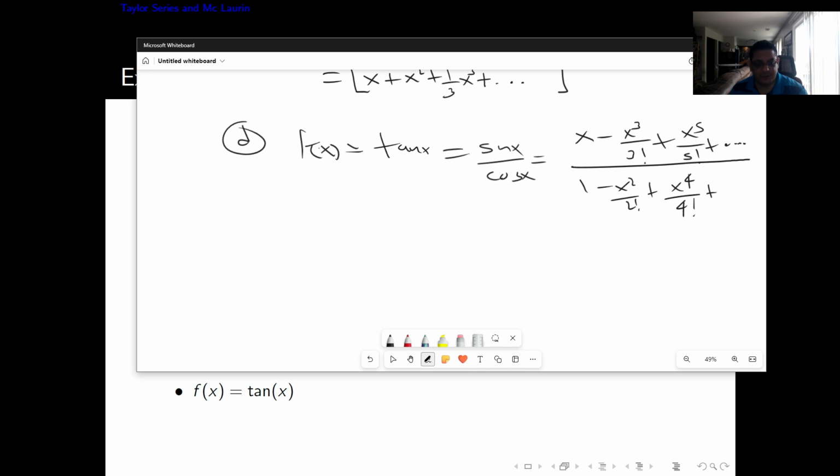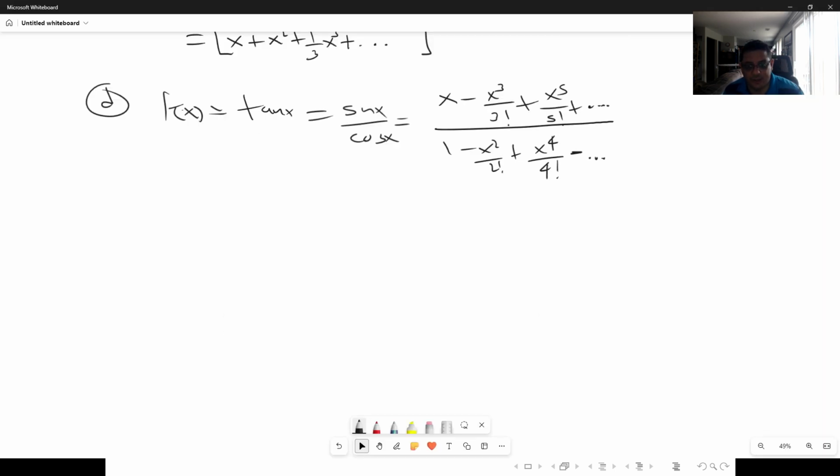And then it alternates here, so it's a minus, and then it continues. And so again, the procedure that you will do here is you need to do some sort of long division. I'm going to take the long division process.